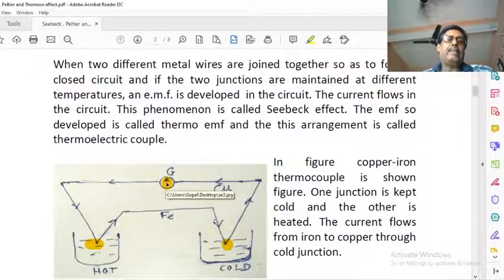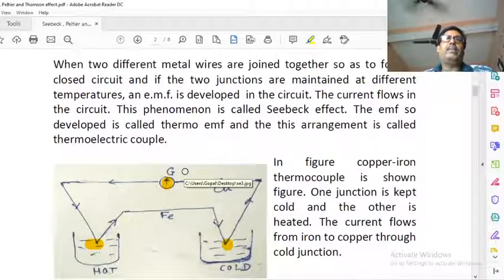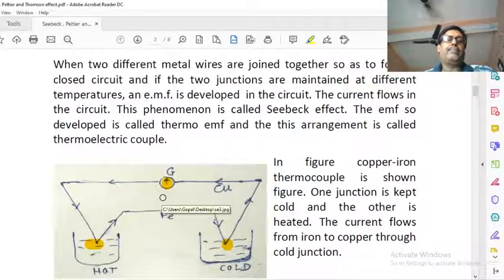Here, electricity and temperature difference, thermal effect. If we combine these two, thermoelectric, the EMF set up in this phenomenon is known as thermoelectric EMF, and hence the current is thermoelectric current, and this phenomenon is known as Seebeck effect.